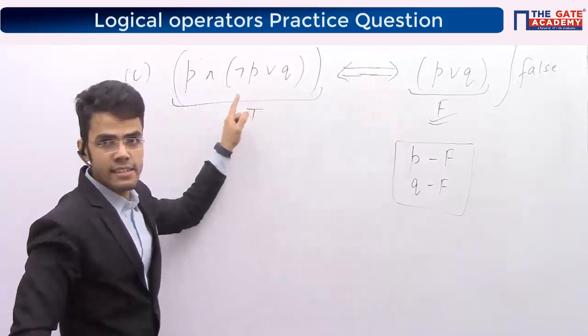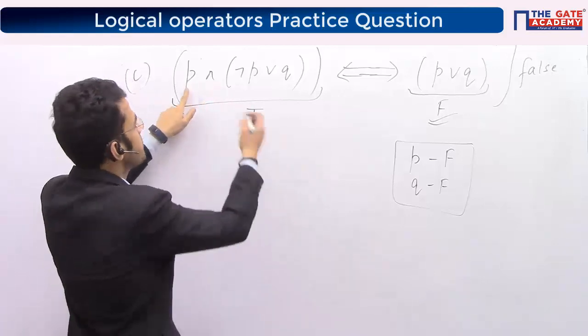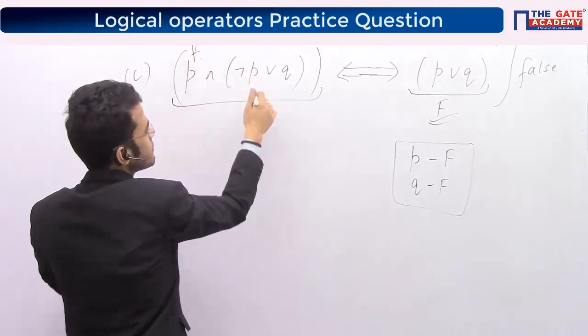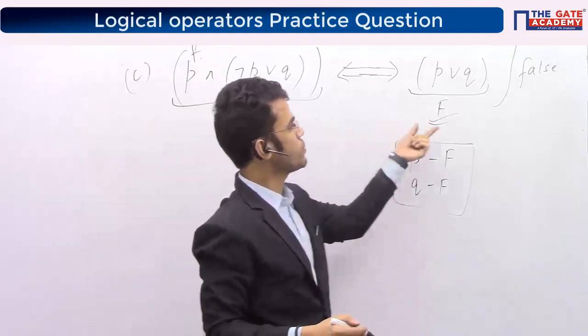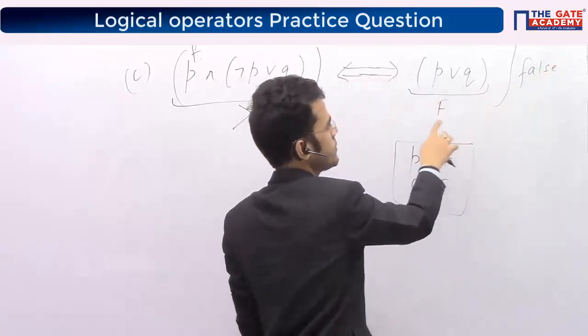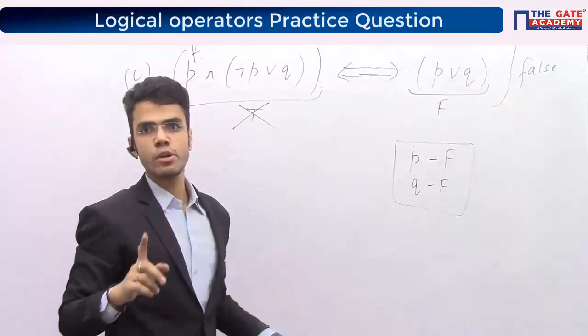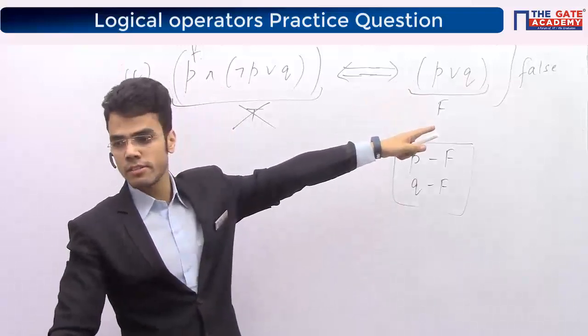Am I getting it to be true? P is false, and false and anything will give me false. It won't give me true. So true implies false, I am not getting this as okay. In my first case, I am not able to generate the final expression as false.